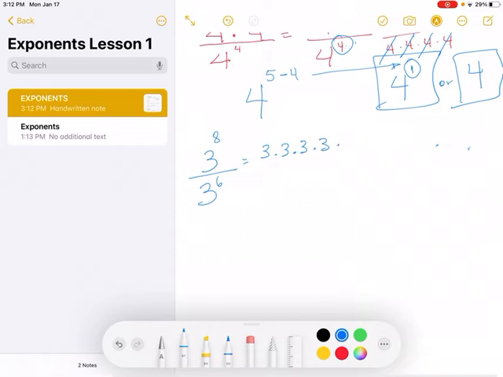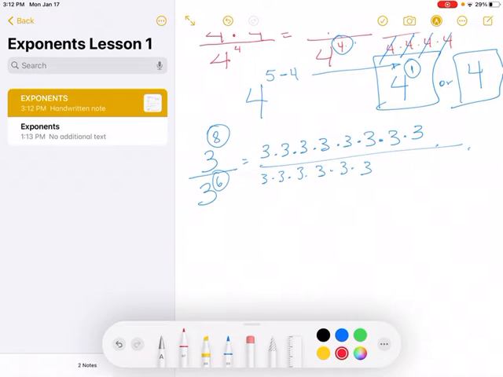Right now, we're just doing it because we're learning this, so we need to see where things come from. I have 1, 2, 3, 4, 5, 6, 7, and 8. I have 8 threes. On the bottom, I have 6: 1, 2, 3, 4, 5, and 6.